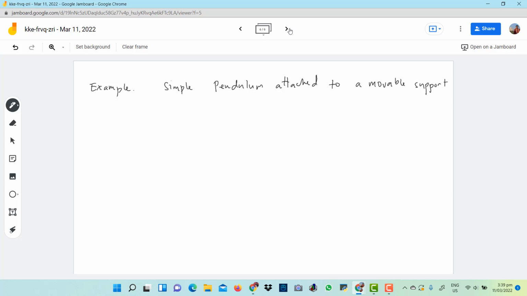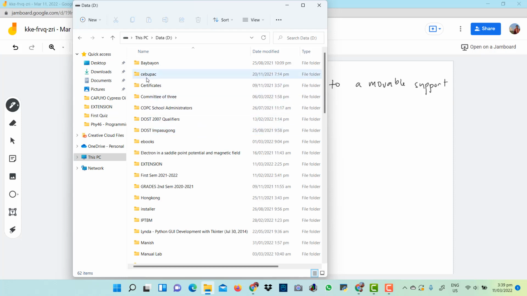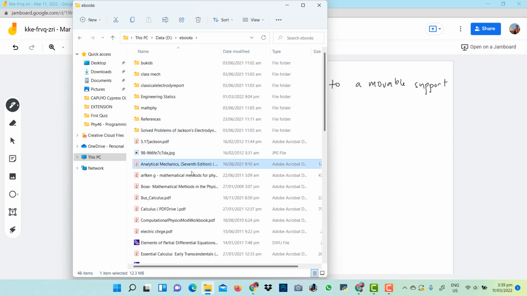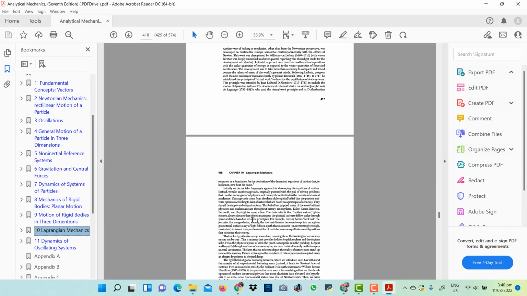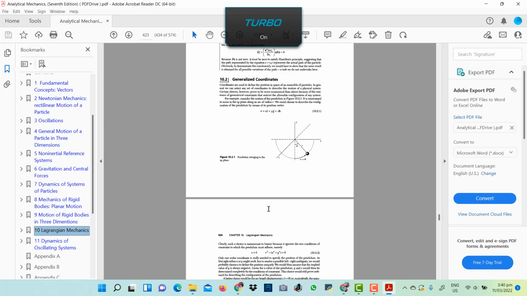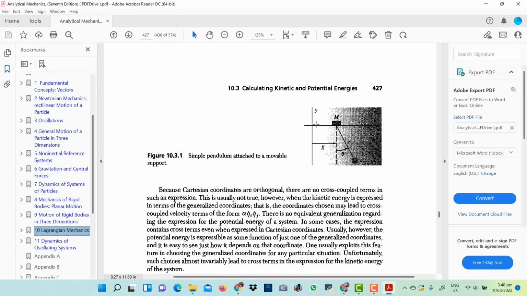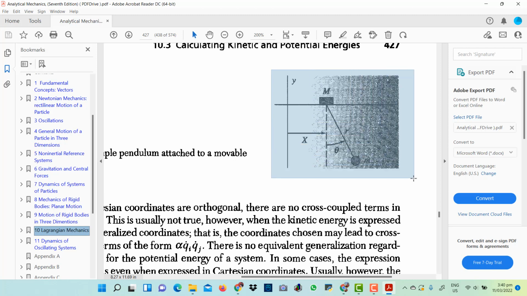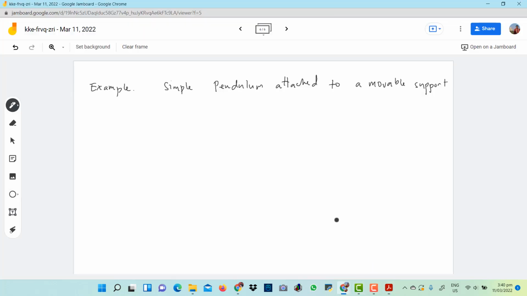So if I draw this one, I have two particles. So, a simple pendulum attached to a movable support.